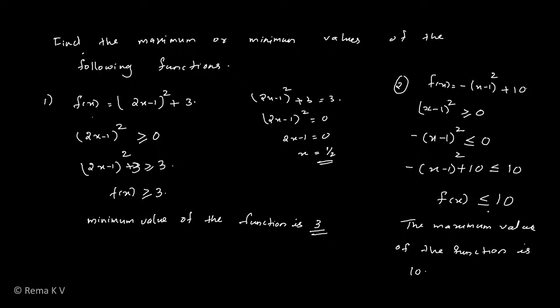F of x is equal to 10 at x is equal to... Okay, all of you are coming with the answer 1, isn't it? This must be equal to 10. Therefore, x minus 1 is equal to 0. X is equal to 1. So the point of maximum value is x is equal to 1.